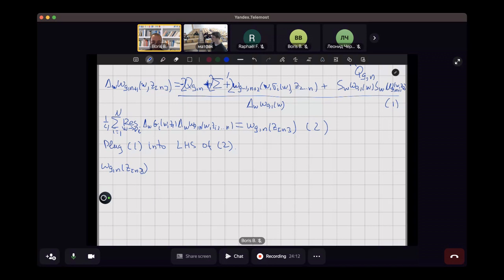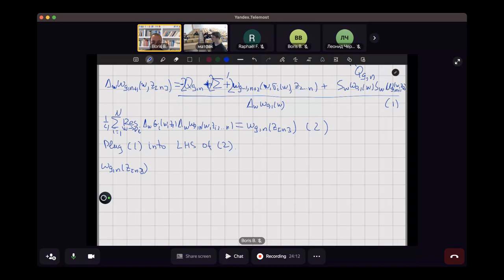So okay, let me maybe at first write the rest. So I have omega g minus 1 n plus 2 w sigma I of w z to n plus sigma plus some prime minus q gn and plus 1/2 s.